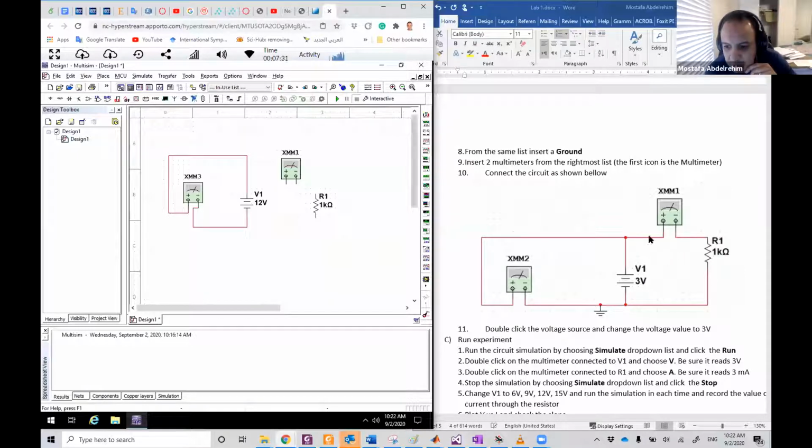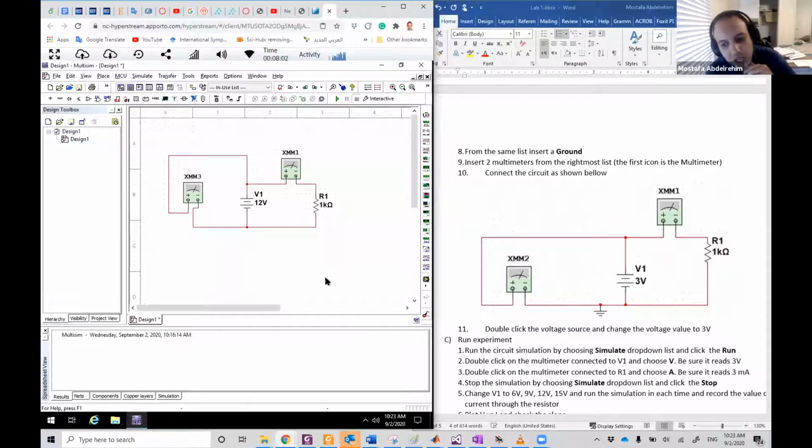Then you make this connection here, the positive, because the current is flowing in that way. So we need to connect the positive to the positive of the battery, and the negative to this terminal of the resistor, and this terminal again to this. We just lack one thing here, the ground.